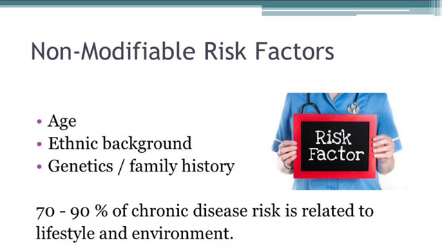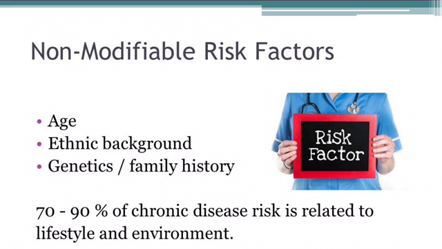The good thing is all of the recent research, really over the last several generations, has uncovered that about 70 to 90% of chronic disease risk is related to lifestyle and environment. Certainly those non-modifiable risk factors that we can't control do play some role in chronic disease development.